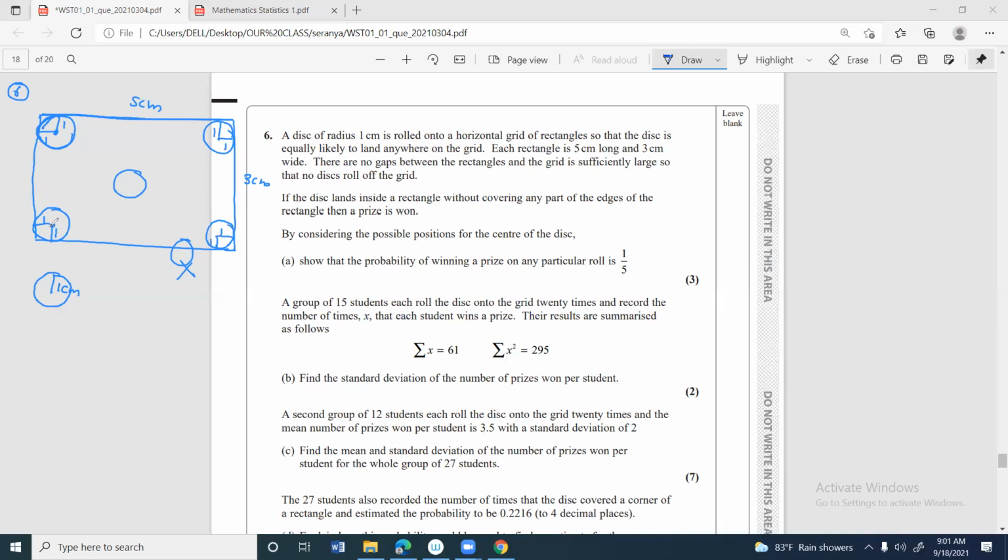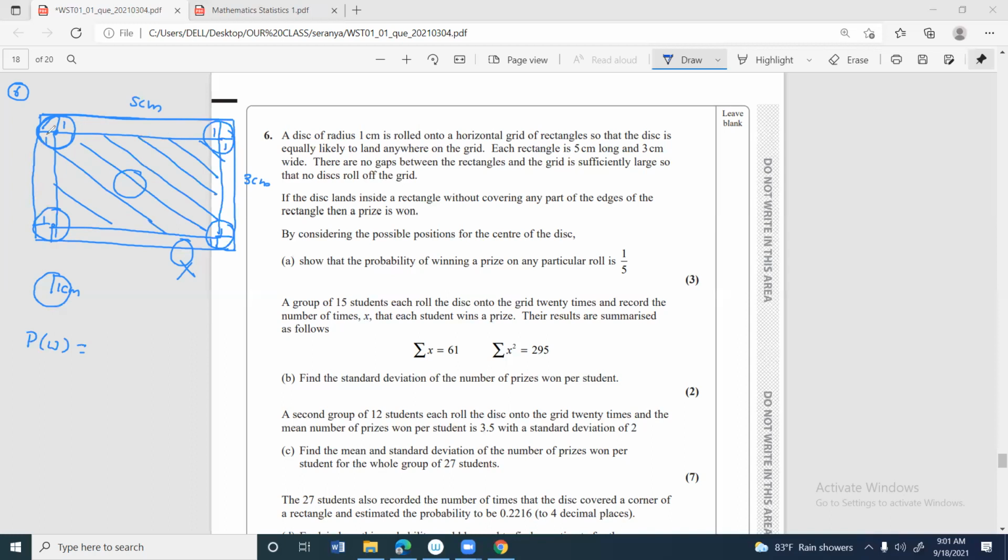That means if the center lands somewhere within this boundary only, you can win. Definitely it should be placed in this area. The center should fall into this area out of the total, and that would be the winning way. So the probability of winning would be this area over the total.